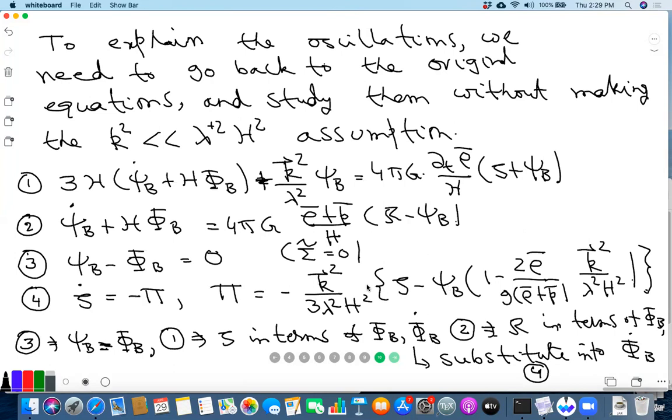So what we have at the end is a differential equation that involves phi b only, but it's a second order differential equation for phi b, because it has a phi b double dot, and that comes because you have a zeta dot here, and zeta in turn is a linear combination of phi b dot and phi b. Is this point clear?